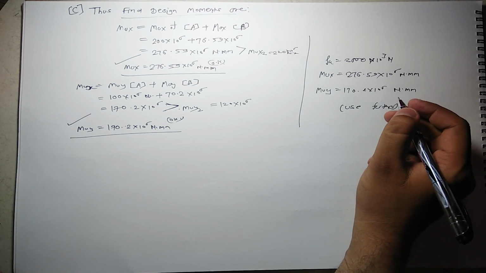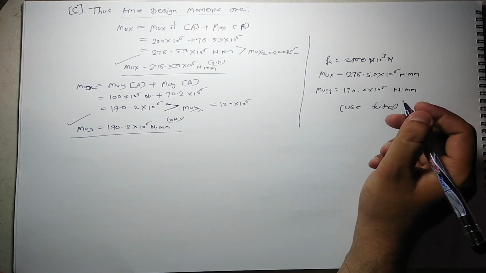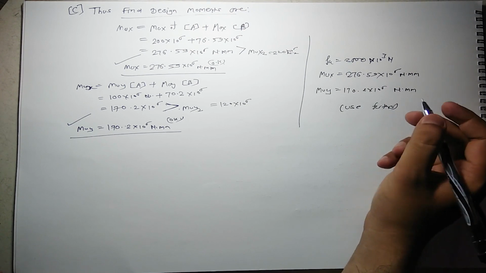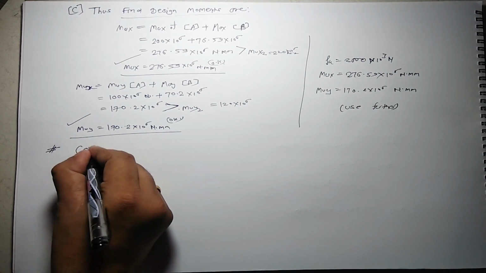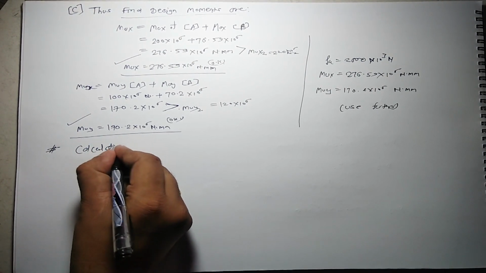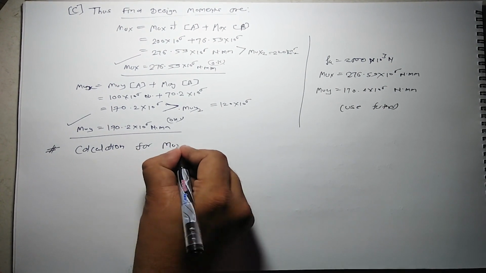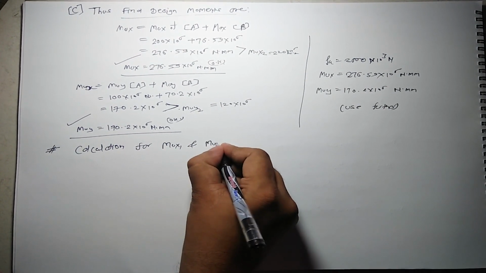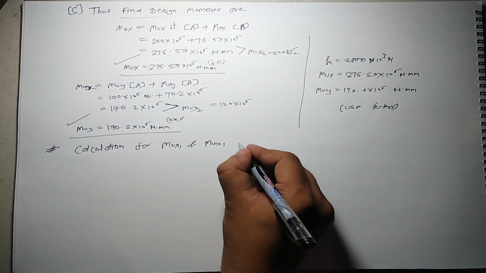Hereafter there is an interaction chart. We will see the interaction, so our next step will be calculation of Mux1 and Muy1 with the help of the interaction chart.